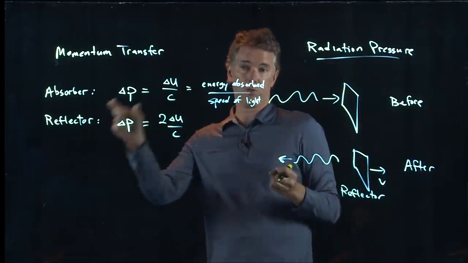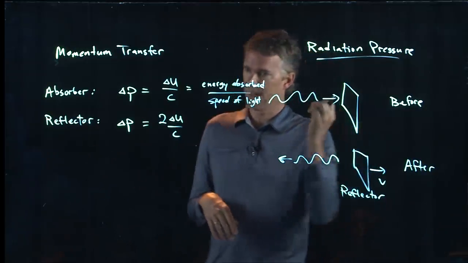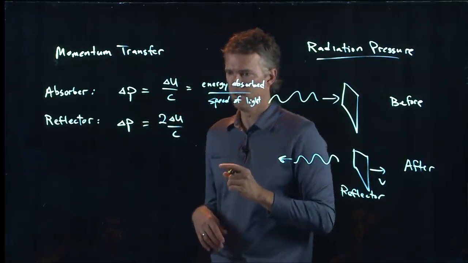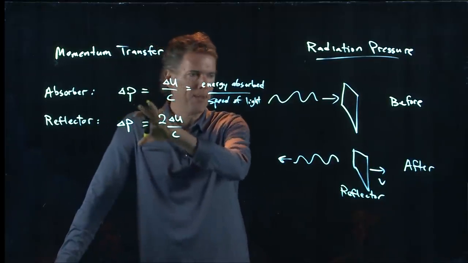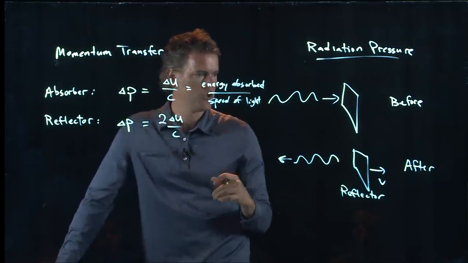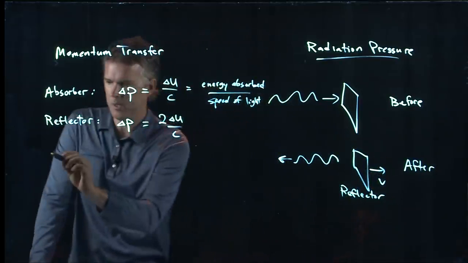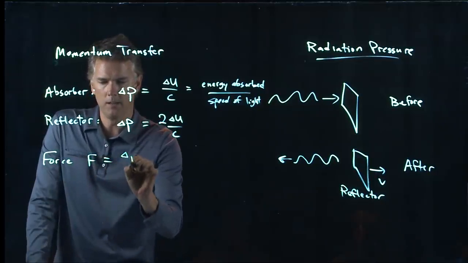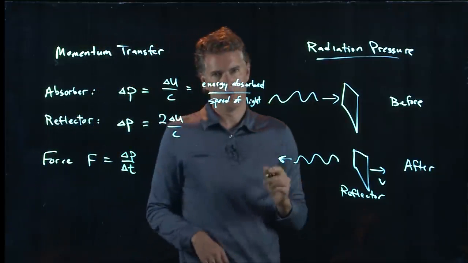It transfers twice its momentum to the wall, whereas when you throw the sticky wad of clay at the wall, it just transfers one of its MV to the wall. Okay, but if we have a delta P here, we have some change in the momentum, then we have to have a force, because we know that force F is related to momentum. It's delta P over delta T.